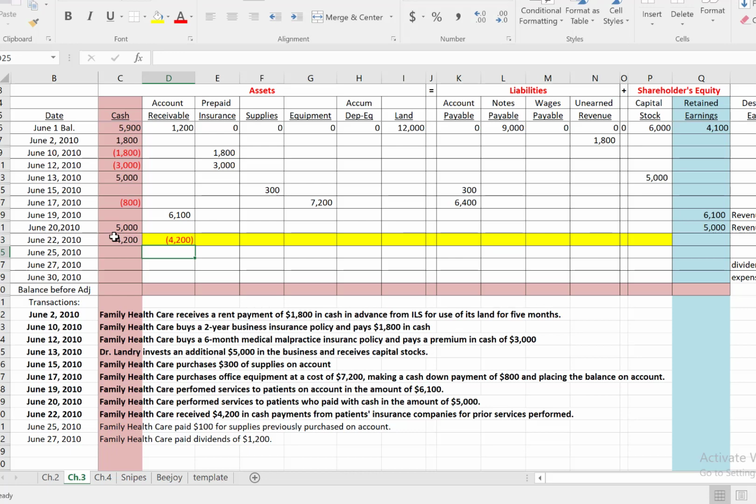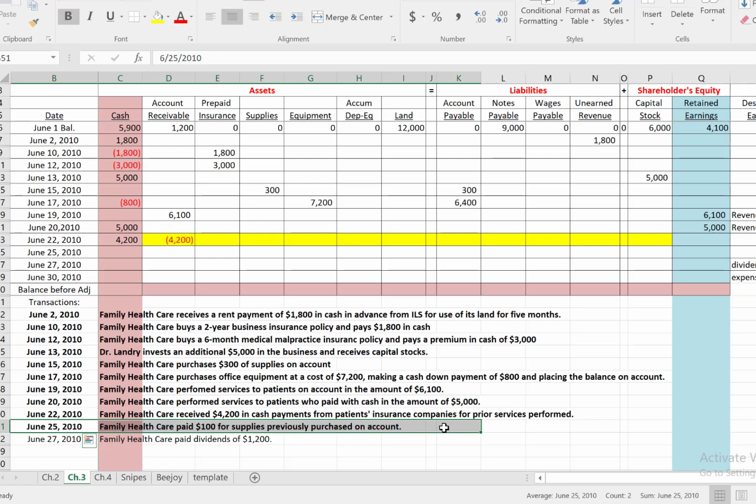Let's look at June 25th. Family Healthcare pays $100 for the supplies previously purchased on account. Did we buy more supplies? No, we just paid the bill. The credit card bill came in, and we paid part of it.